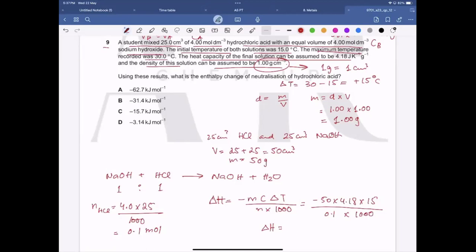Okay, thank you, Adina. We are getting minus 31.35. So it's closer to this. So A, C, and D go wrong, and B is the correct answer. You guys just give me a minute, please.